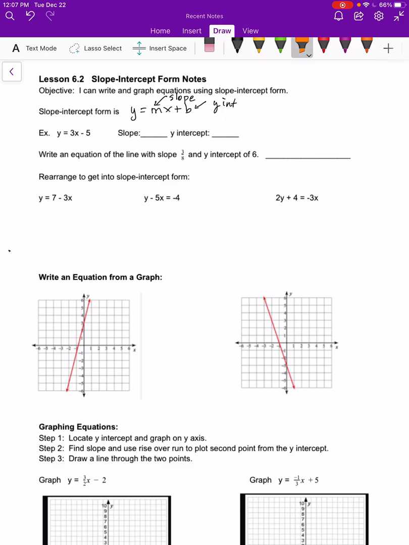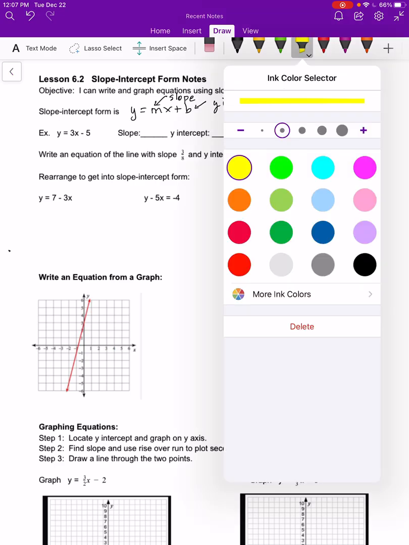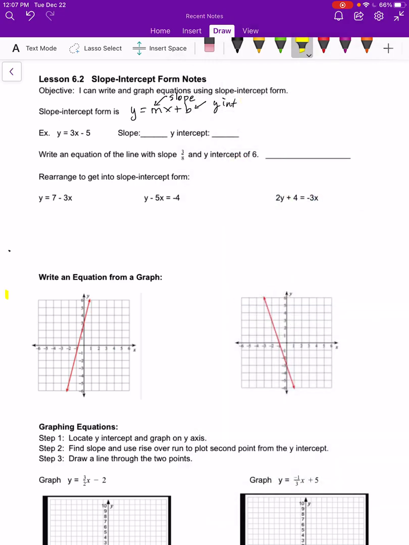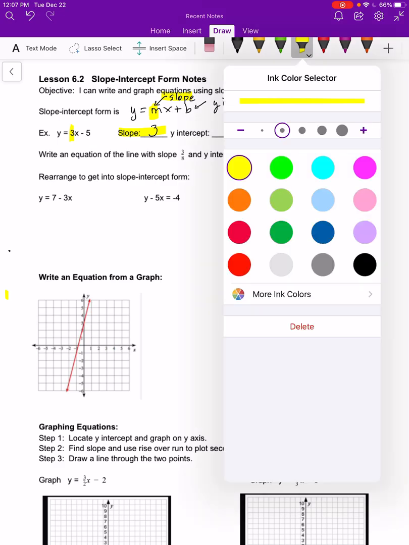So if you are looking at an equation that is in slope-intercept form, the slope is always the coefficient of the x term. So in this example, y equals 3x minus 5, here's the coefficient on the x. It's 3, so my slope would be 3. My y-intercept is what follows.